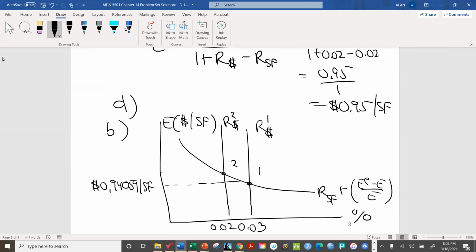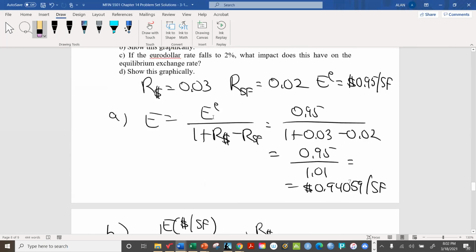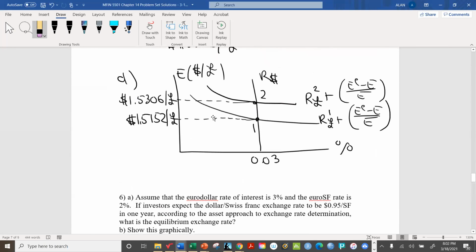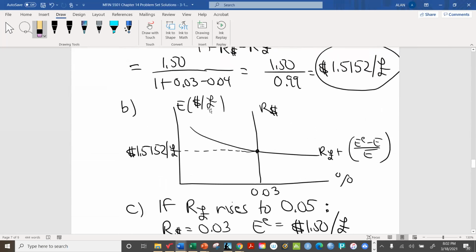And as a result, the exchange rate went up to 95 cents per Swiss franc, which means, of course, that the dollar depreciated as a result. And that's what you'd expect. When the US rate drops, the dollar depreciates. Up here, when the euro sterling went up, the dollar depreciated, again, because the interest rates are relatively now lower in the US.